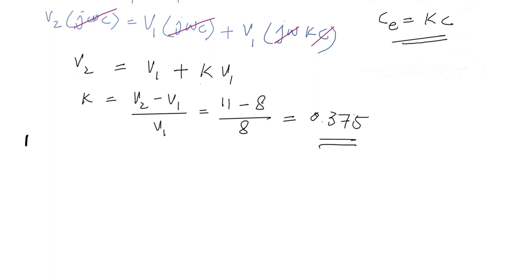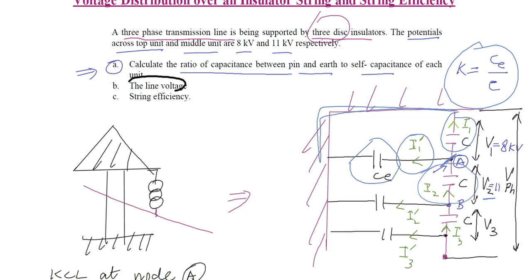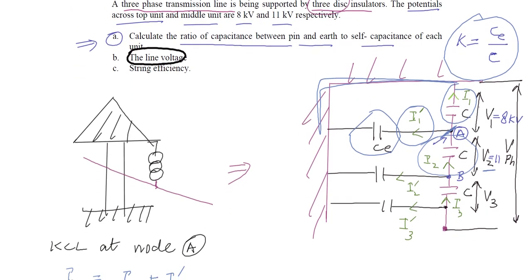Now, in the second part, or part B, we need to find the line voltage, which is the voltage between two lines. So if we are able to find the phase voltage, then we can simply multiply it with square root of 3 to get line to line voltage or line voltage.